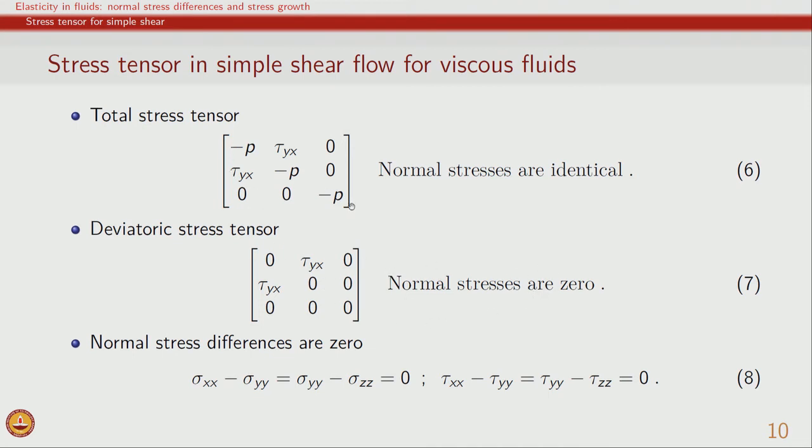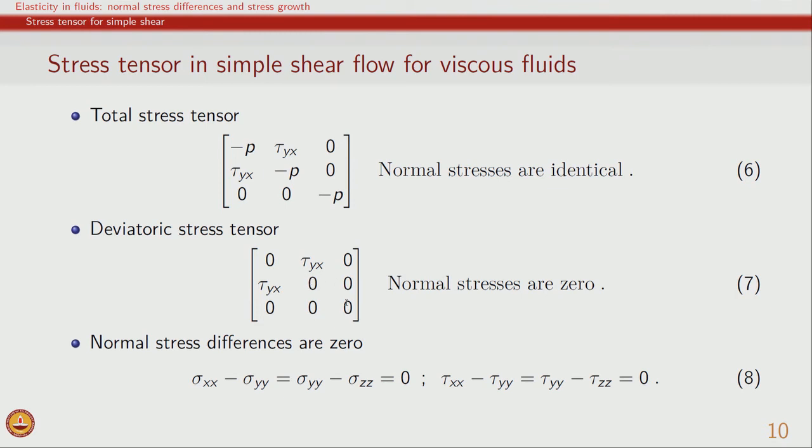Since the pressure is an undetermined factor, as I mentioned earlier, rather than looking at the value of these normal stresses themselves, we can look at the normal stress differences. So, whether we look at the normal stress difference sigma xx minus sigma yy or tau xx minus tau yy, we see that they are both 0.